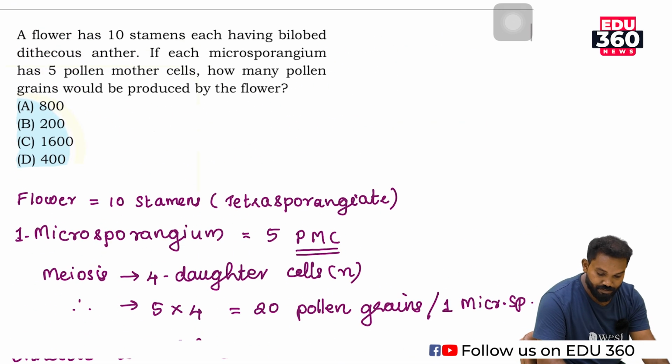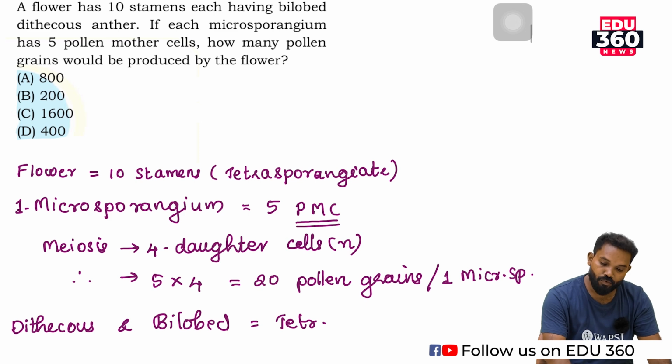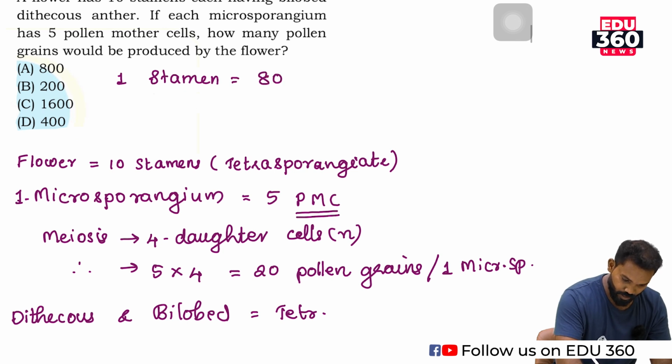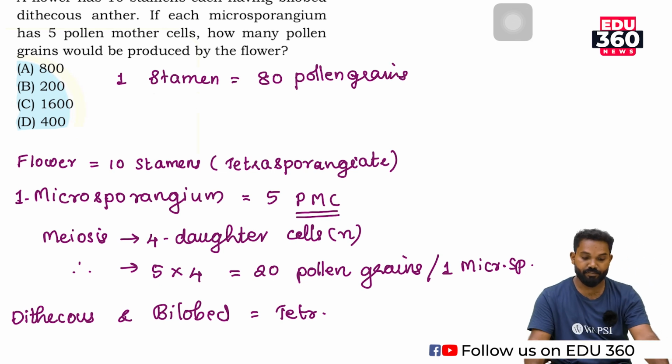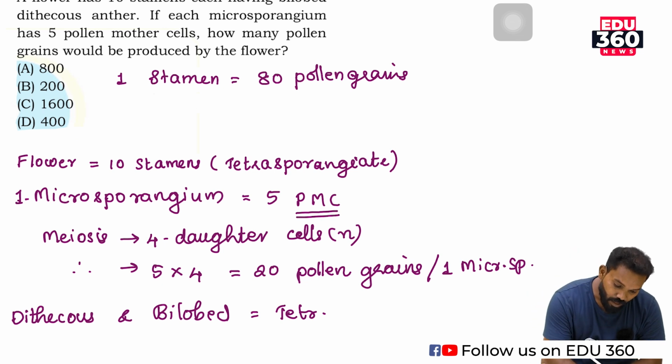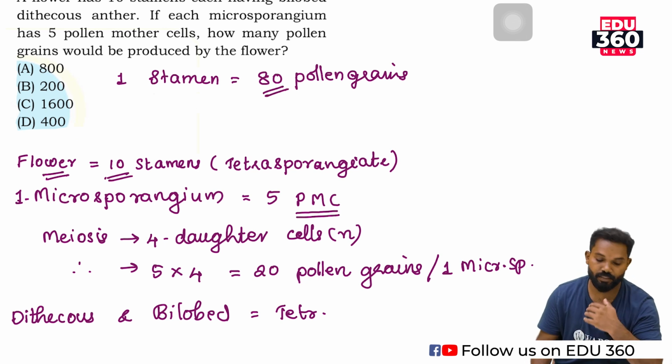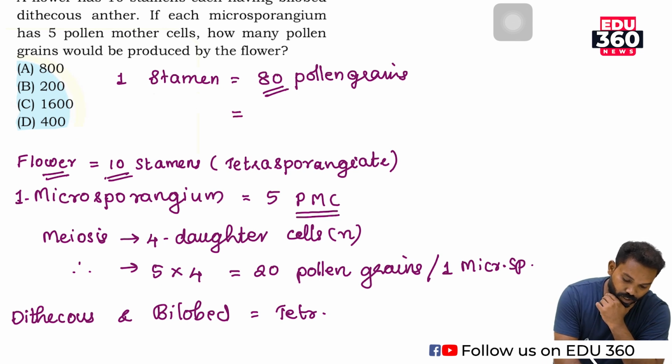So one stamen contains 80 pollen grains. Then that flower which contains 10 stamens, so the total pollen grains is 80 into 10.